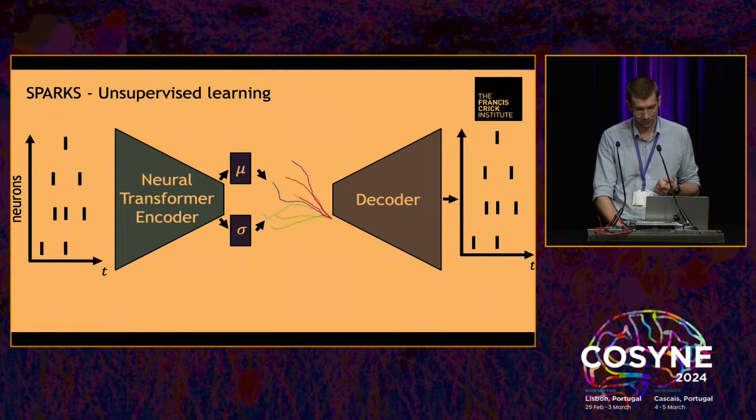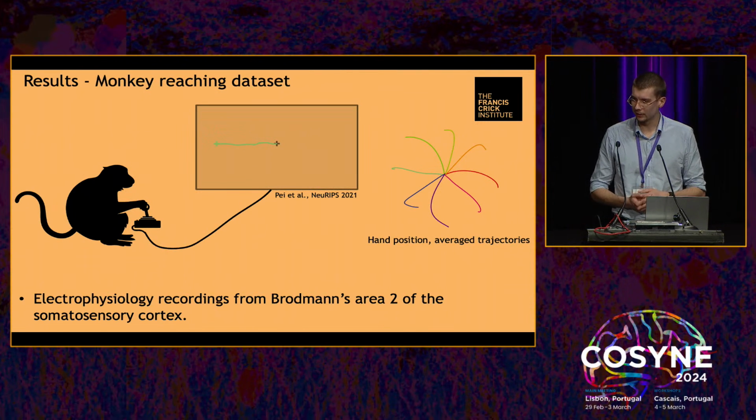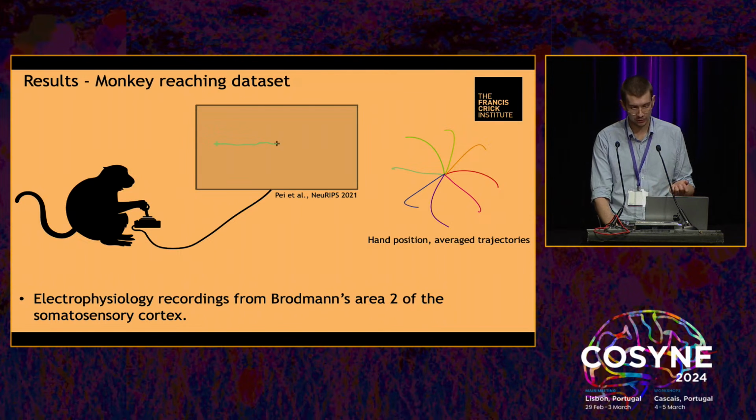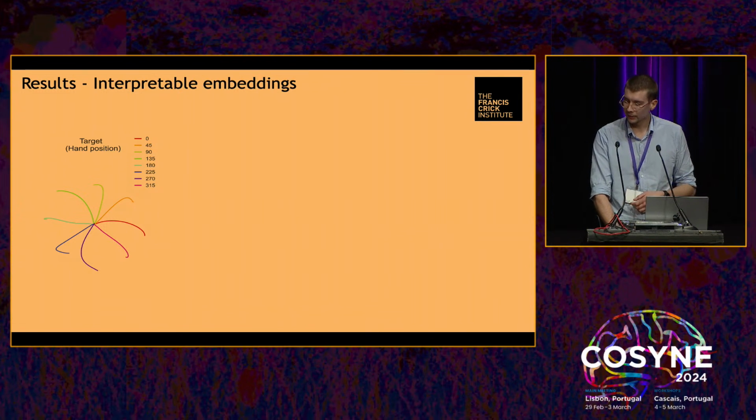Does it work? Well, we've trained it on this monkey reaching data set in which we have 65 neurons recorded from the somatosensory cortex of monkeys performing a reaching task. You can see on the right the hand position, which we're going to use as a target. So that's our target again.